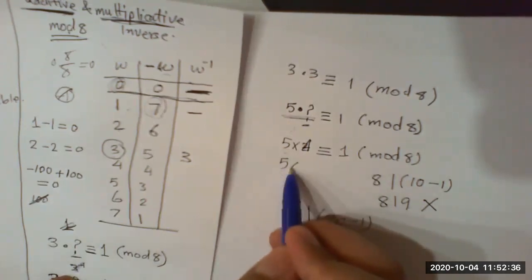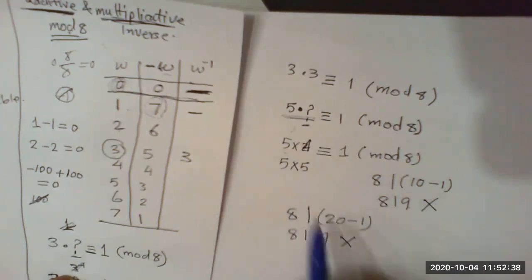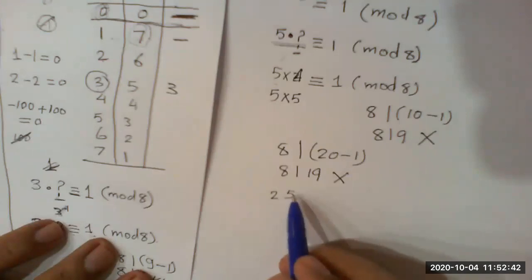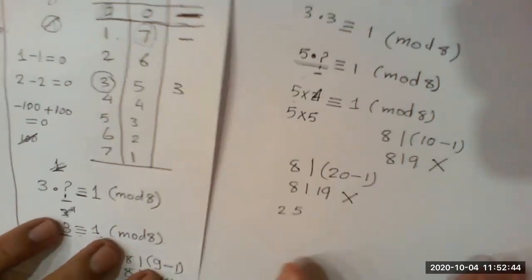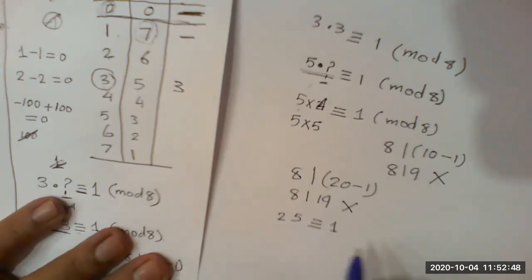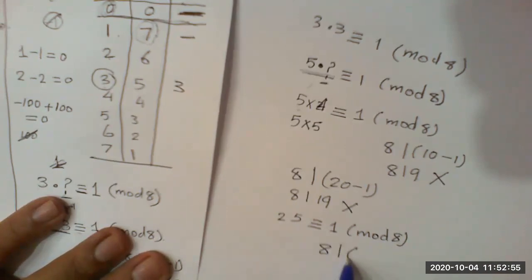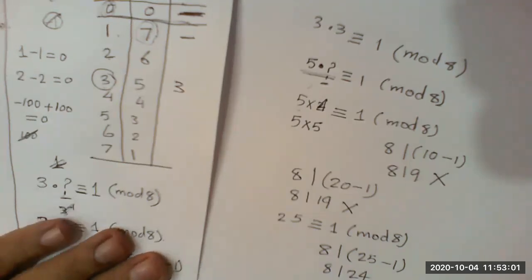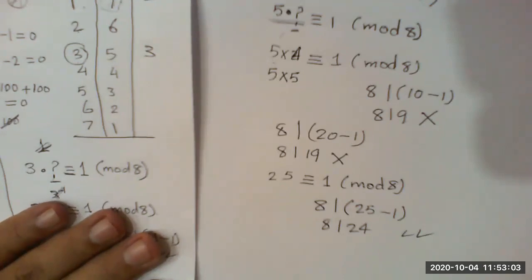What about 5 by 5? 5 by 5 is 25. 25 is congruent with 1 mod 8. Let me check if this is true or not. I have to make sure that 8 divides 25 minus 1. Yes, exactly. This is true.